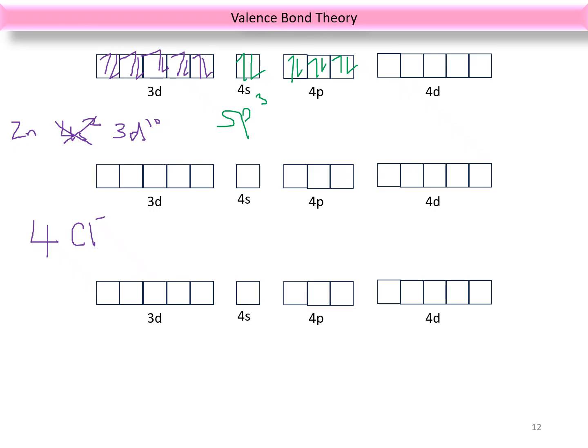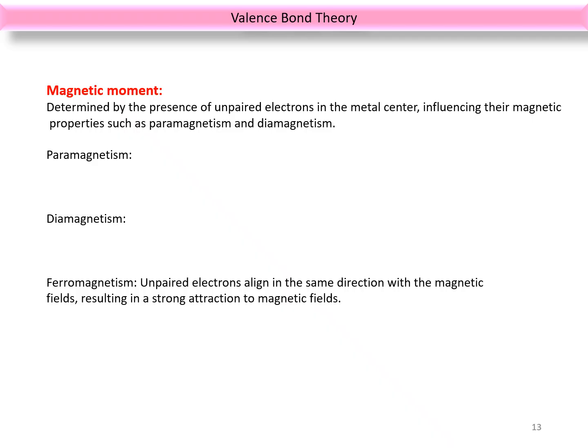So the strong ligand will also start filling in the 4s orbital and use the 4d orbital if needed. This actually leads to the difference in magnetic properties that can be measured via magnetic moment.